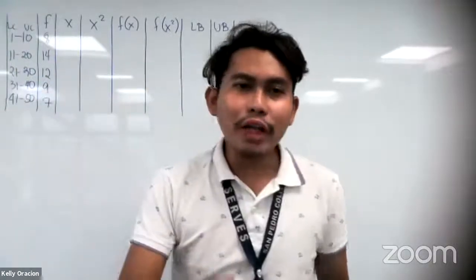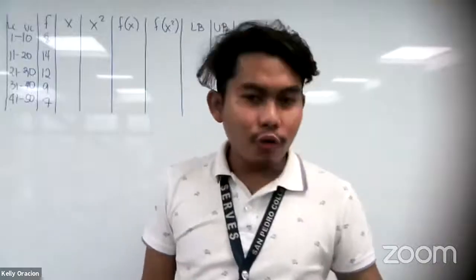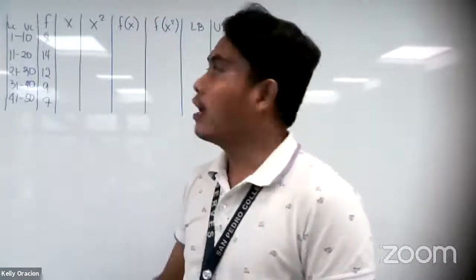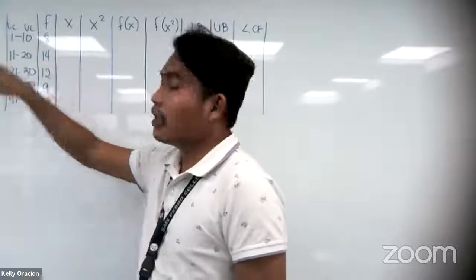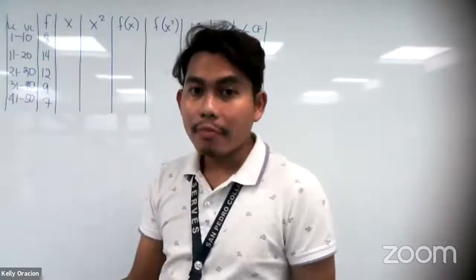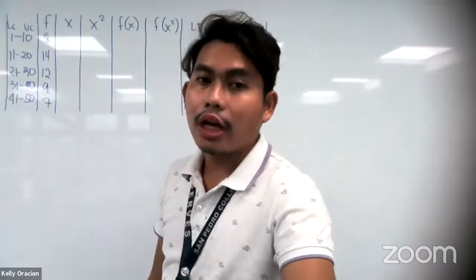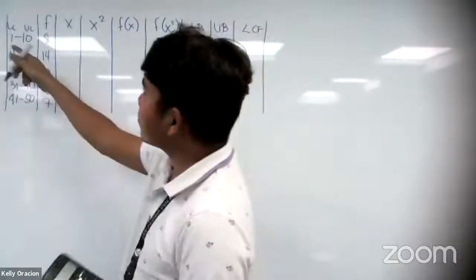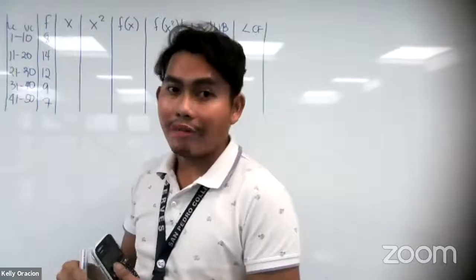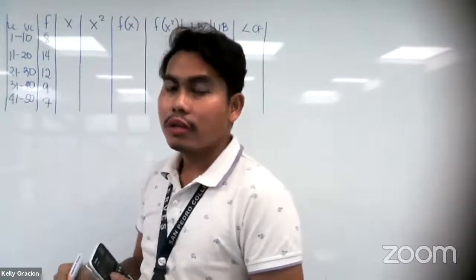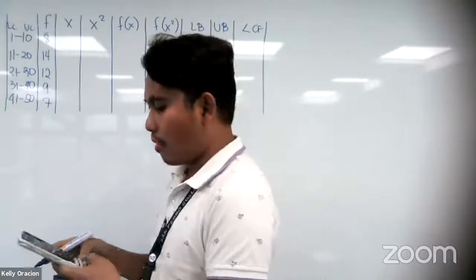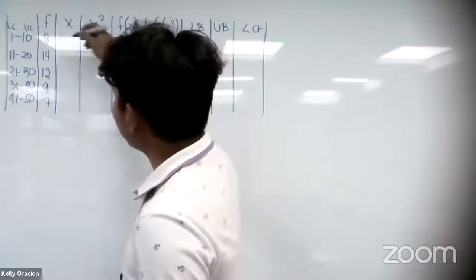Now, to find your midpoint, again, to find your midpoint, all you do is add the two and divide by 2. So you have 1 plus 10, it's 11 divided by 2, that's 5.5.